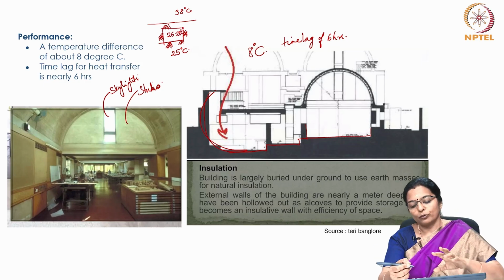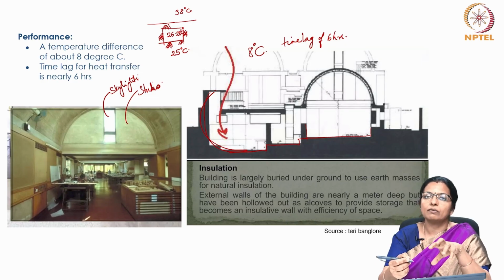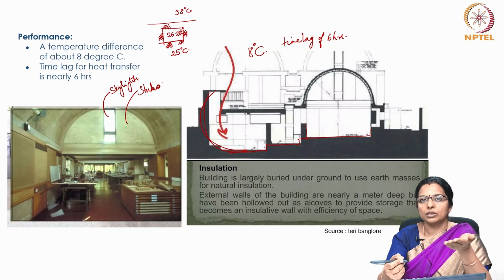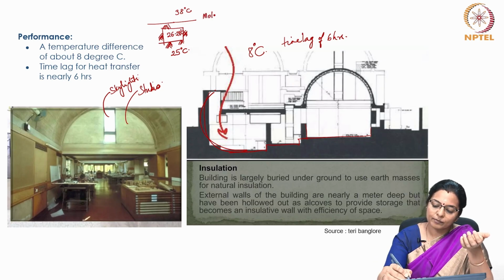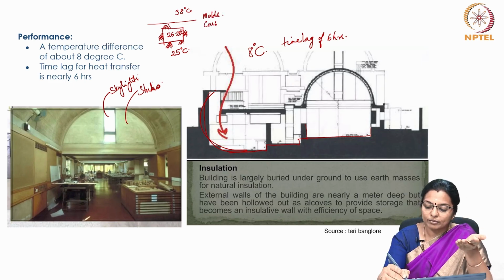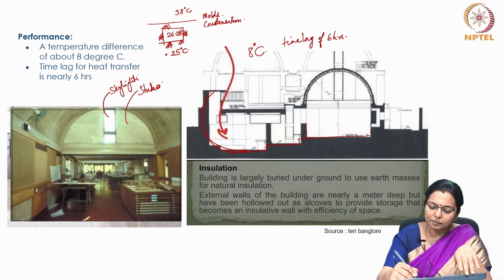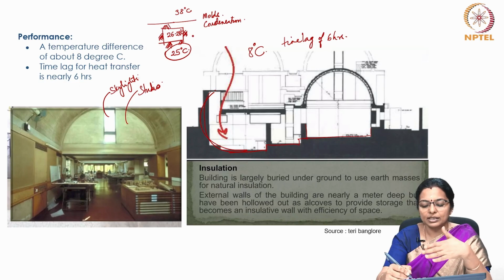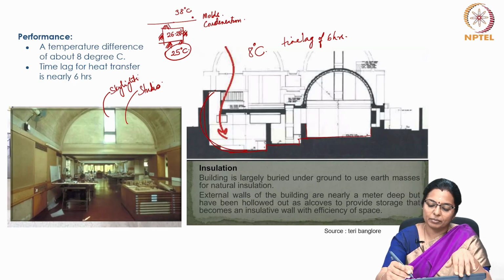But this kind of building could also have issues if it is done in a humid place, which causes the building to have molds, condensation problems, and so on. The basic principle is that the subterranean temperature is more or less constant irrespective of the outdoor temperature.